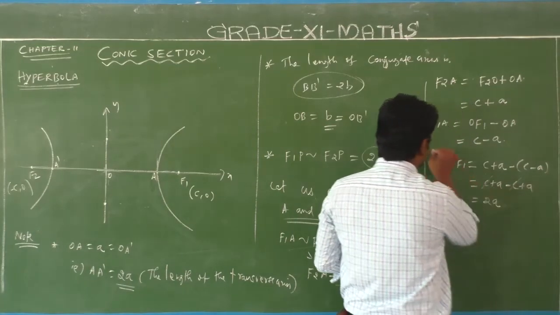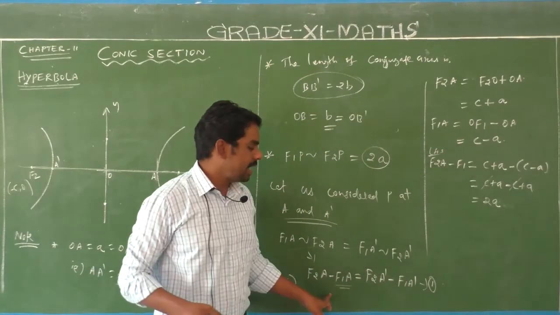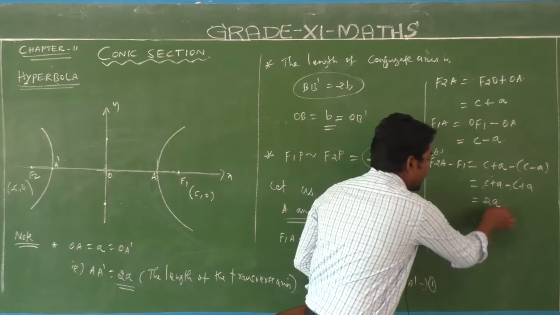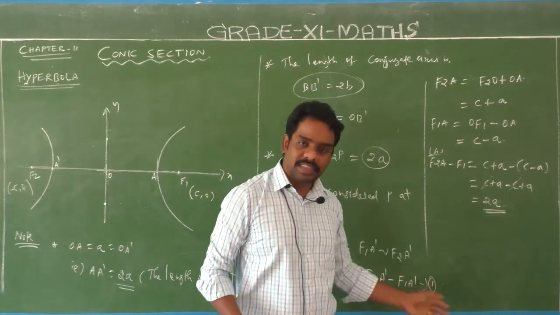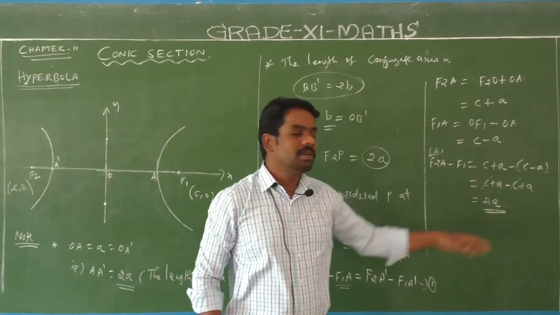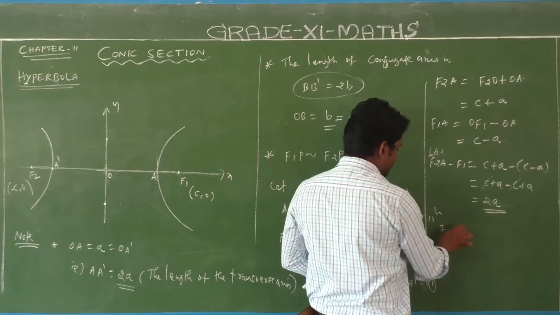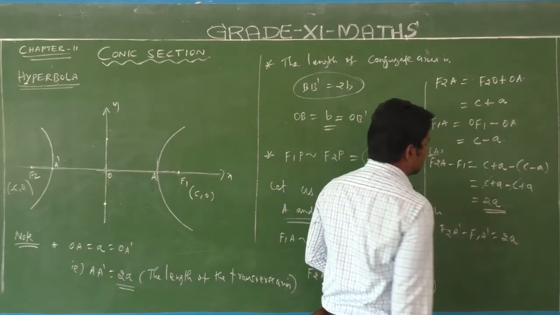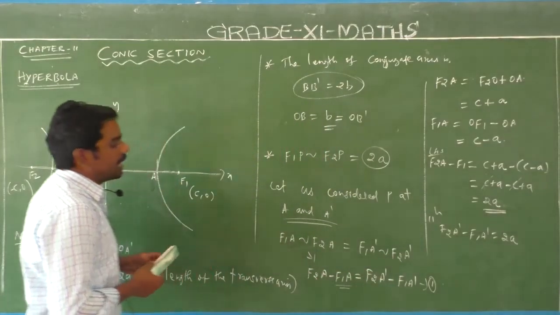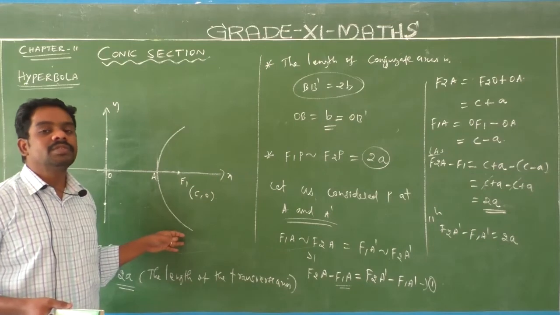This is the left hand side of equation number 1. So F2A minus F1A value is 2a. Similarly, F2A dash minus F1A dash is also the same value, 2a. Therefore F1A minus F2A is equal to 2a.